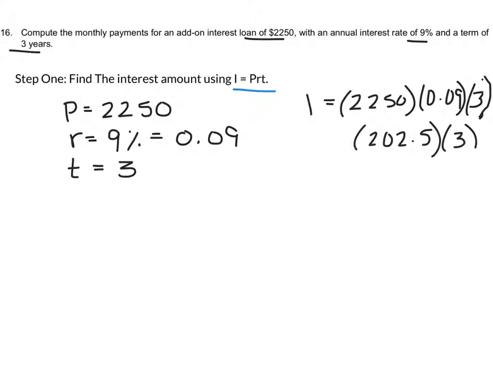Then finally we'll multiply that by 3 to get the interest amount of $607.50.